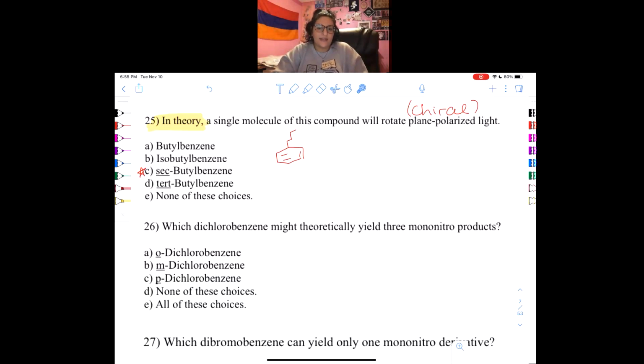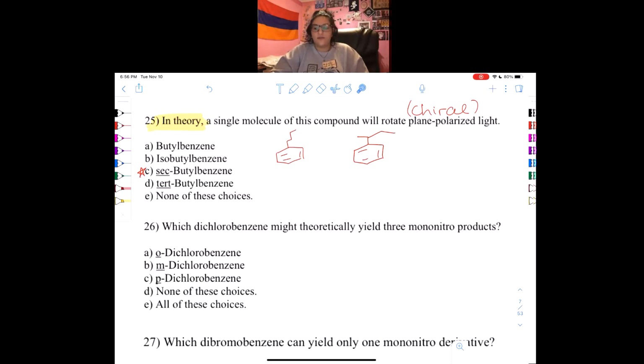And for chirality, you are looking for something that is asymmetrical. So if you work it out, you will see that sec-butyl will look like so. Ugly. And so in this case, we will be chiral because we will have two separate groups.